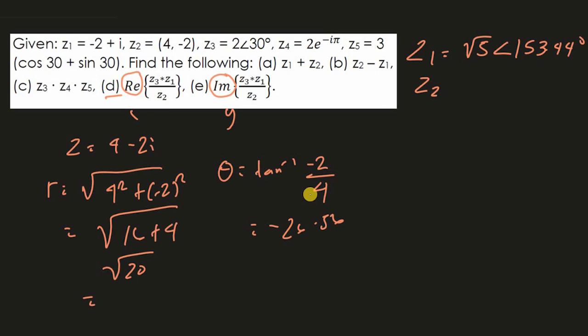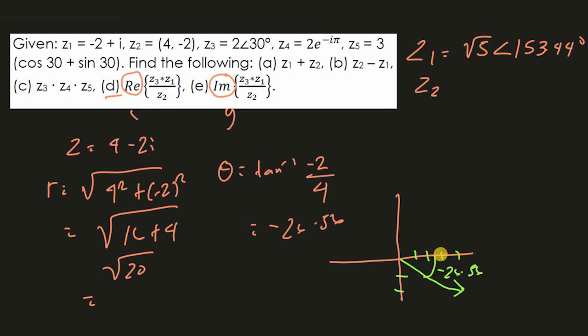So now, i-plot natin siya sa Argand plane, kung nasa tama siya. So our x is 4, that's positive. So that's 1, 2, 3, 4. And our y is negative, which is negative 2, 1, 2. So andito siya. Our modulus is in this part. Ibig sabihin, ang angle na to, negative 26.56.